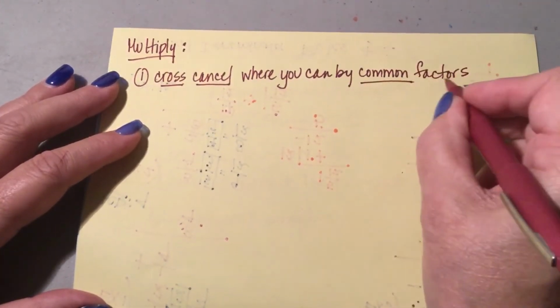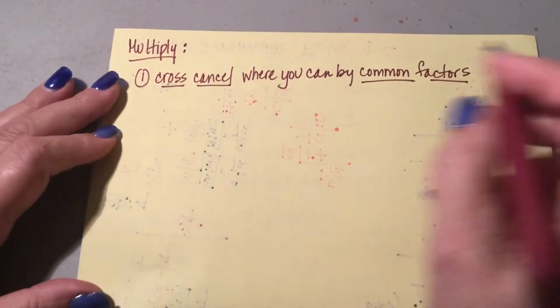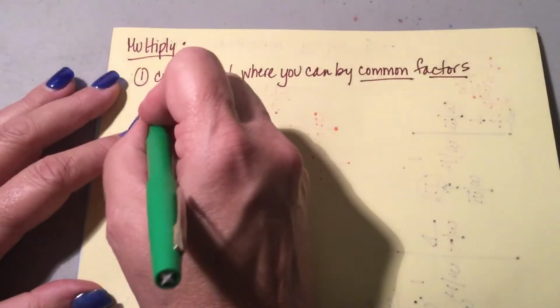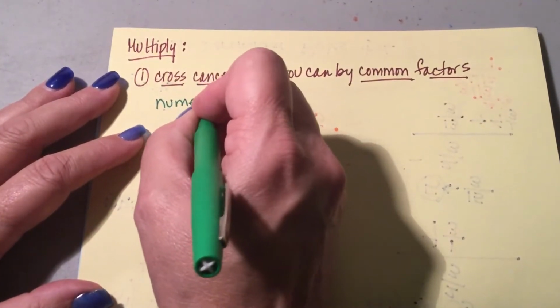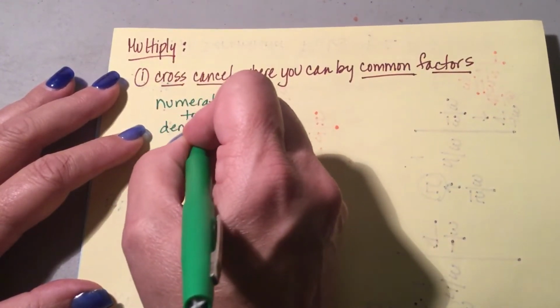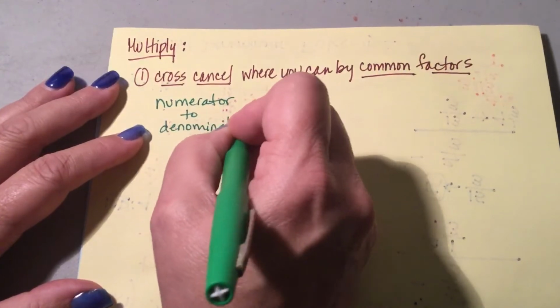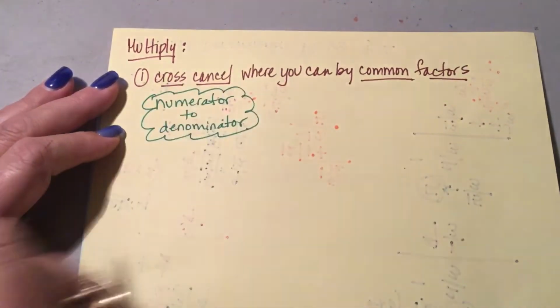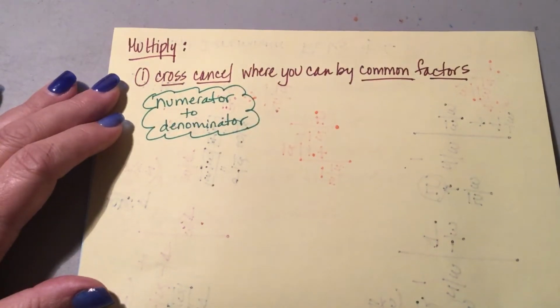Cross canceling by common factors. And the way we're going to do that is we're going to go from numerator to denominator. I can't tell you how many people do all these weird things, but cross means you've got to take one from the top, one from the bottom.